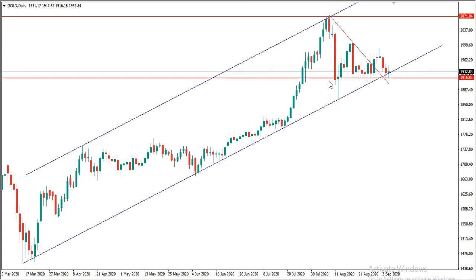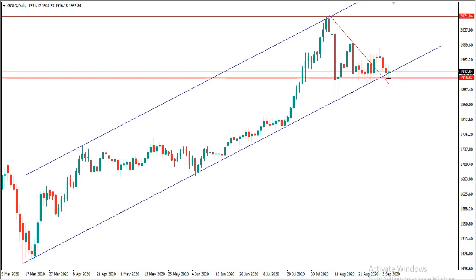I talked about this support, and I said as long as price remains above this support, if you've been following me for some time, you know I take support and resistance very seriously in this business. So you can see how firmly this area has been holding as support, and even Friday's candle still rejected that support once again.